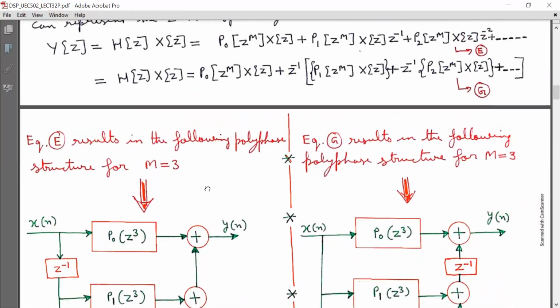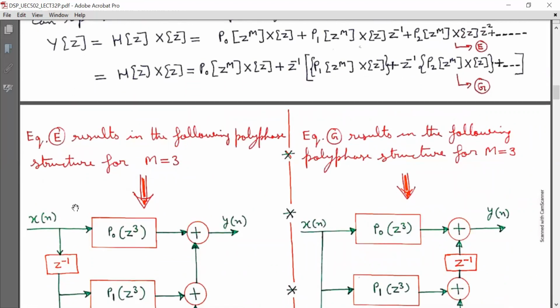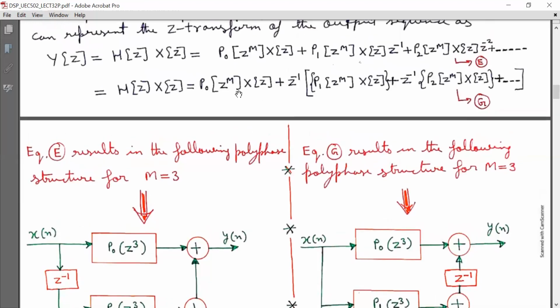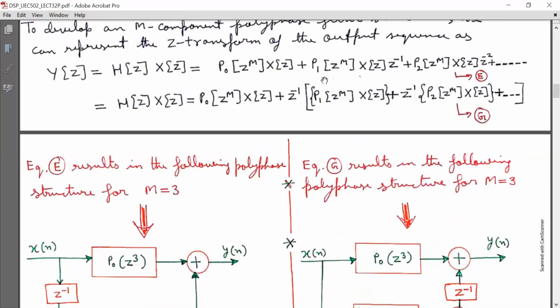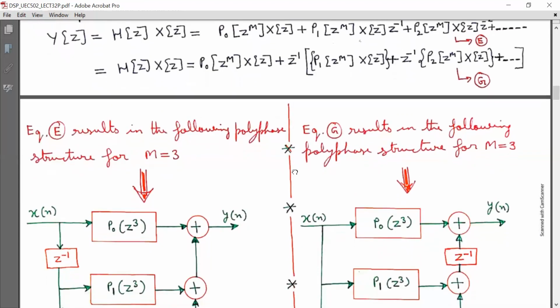So input is x(n), whose Z transform is X(Z). The first term is P0(Z^3) X(Z), plus P1(Z^3) X(Z) Z^-1 plus P2(Z^3) X(Z) Z^-2.